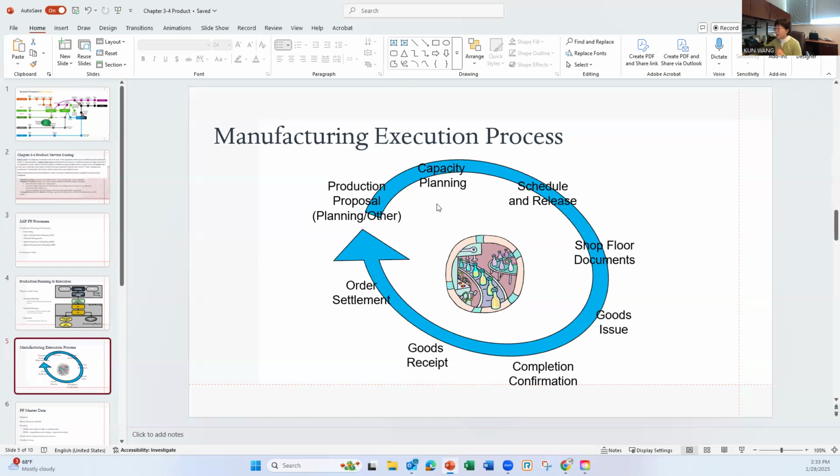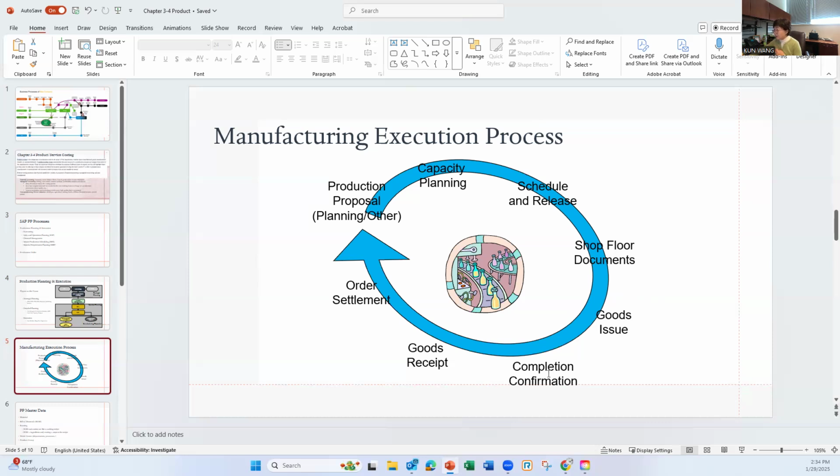So you have the planning at the top, scheduling and release, and then shop floor documents and goods issue. The shop floor documents act as your MRP, like master planning for the production, and goods issue means acquiring all of the material and the resources needed for the production.